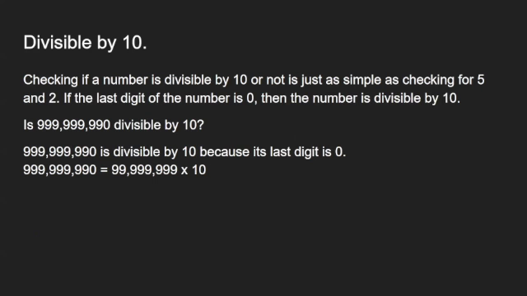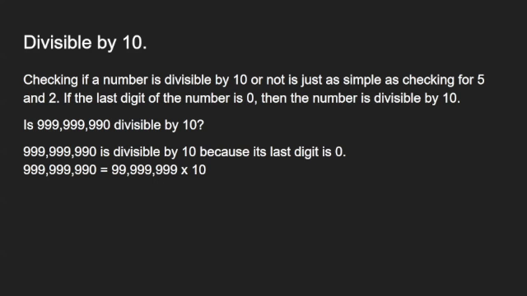Divisible by 10. Checking if a number is divisible by 10 or not is just as simple as checking for 5 and 2. If the last digit of the number is 0, then the number is divisible by 10.